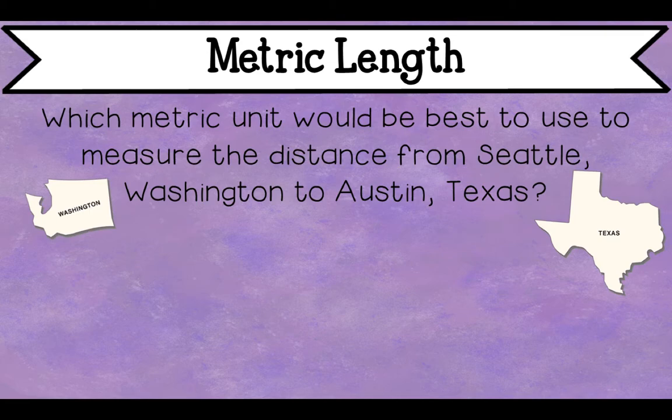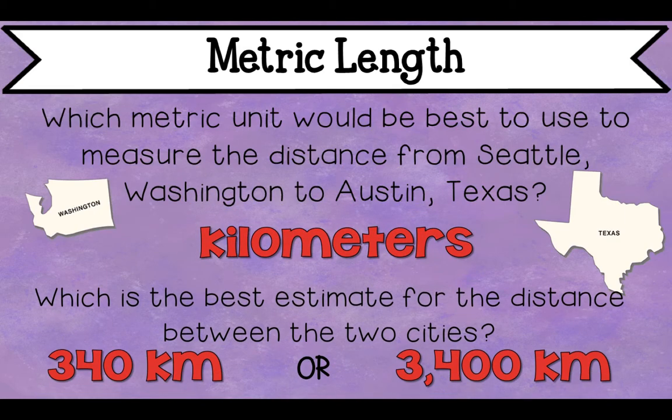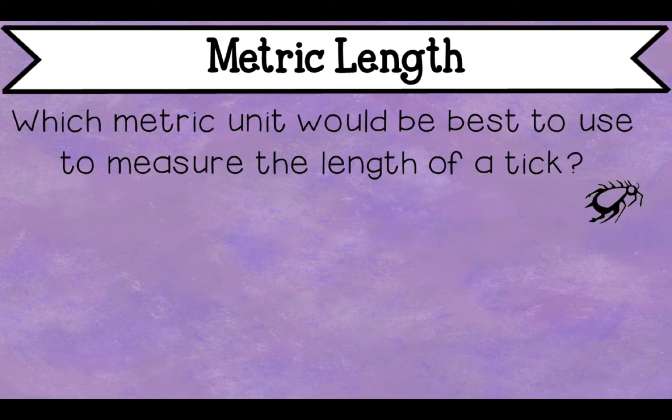So if we're measuring from Washington to Texas, what unit do you think we should use to measure? Yep, kilometers would probably be the best. And do you think that it would be 340 kilometers or 3,400 kilometers? That's a long distance between those two states. Probably 3,400 kilometers would be the best.